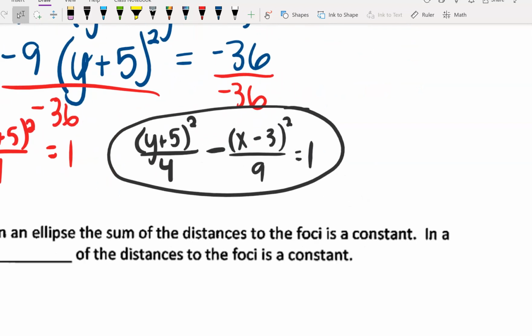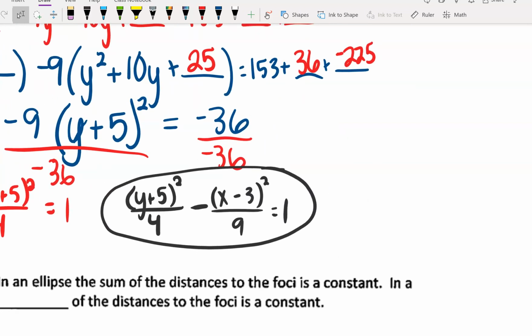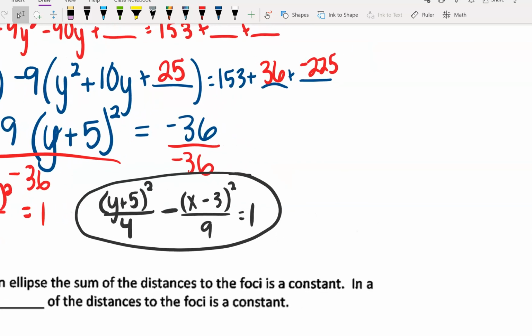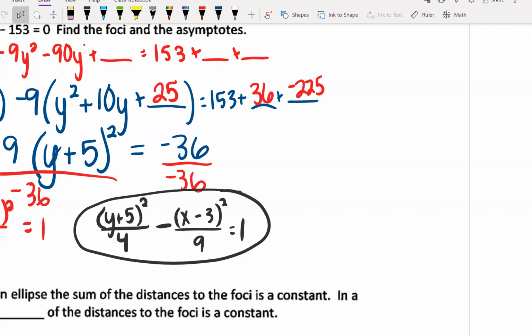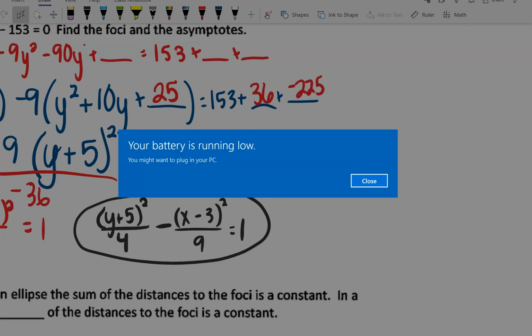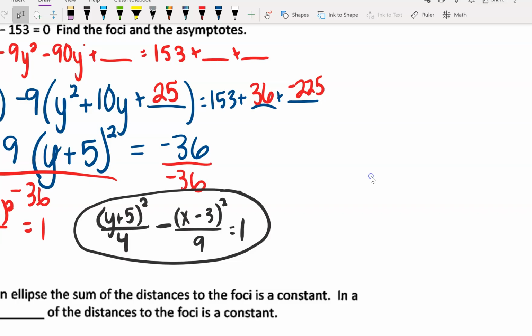So again, we have another one that is a horizontal. And I'm just going to draw a sketch of this. I'm having major battery issues, so I'm going to pause and try this again in a minute. Let's try this again. I'm going to do a rough sketch of this.